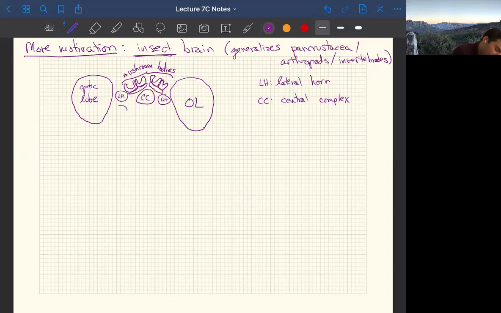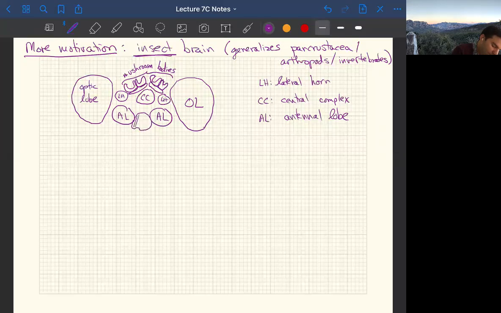And then there are these regions called the antennal lobe. There are a couple of other important parts that link all this together, but I'm not going to go into them. That's basically your basic insect brain. You've got sensory processing areas, the optic lobe and the antennal lobe.